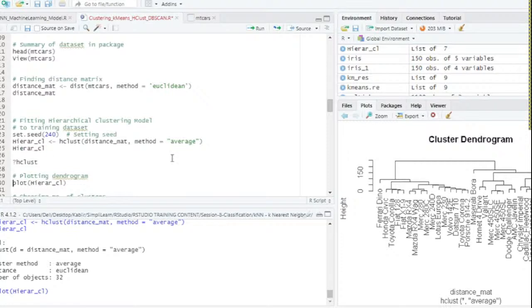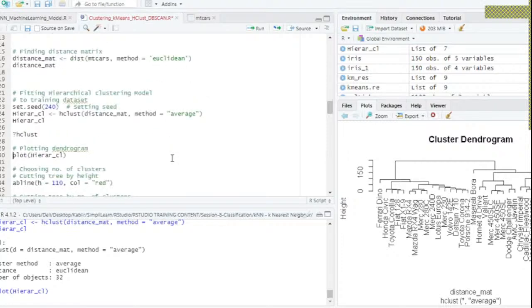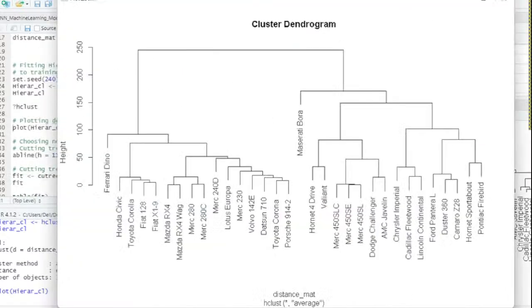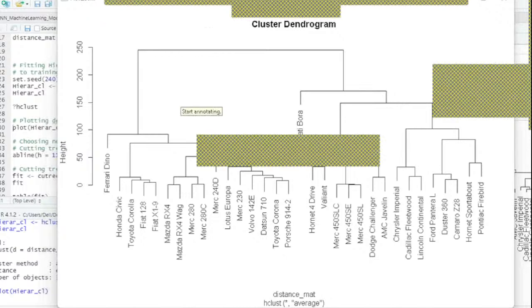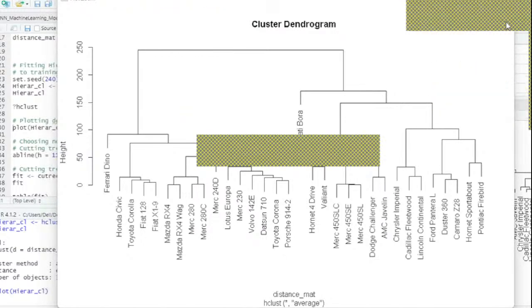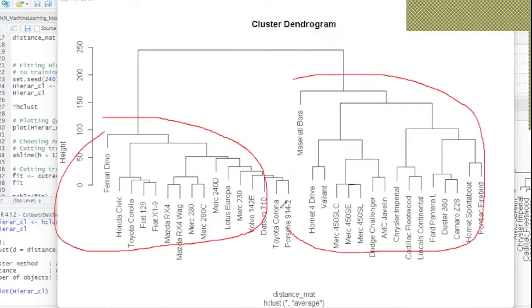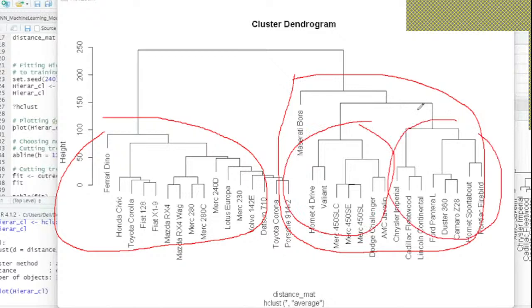Line number 130 will give me the dendrogram. Now, visually, I can easily see that these can be the three clusters, right? This is one. Either I club these two, or this one and this one also are the three clusters, right?